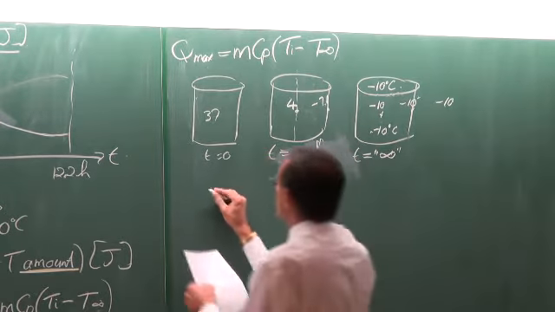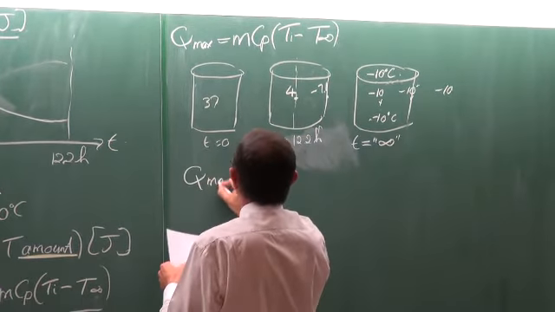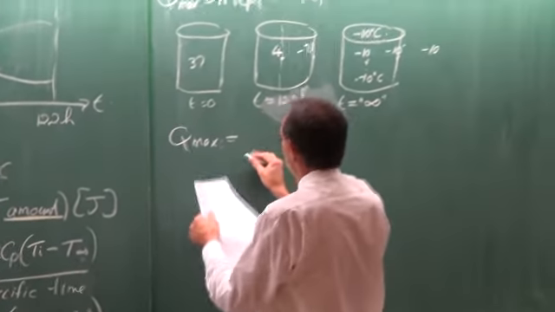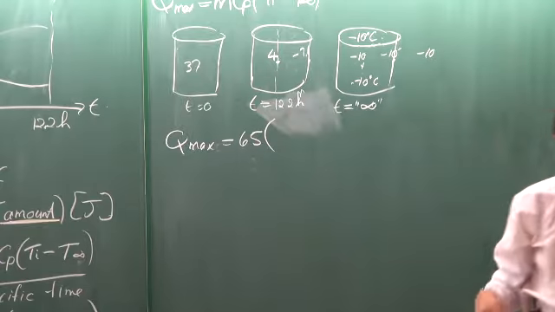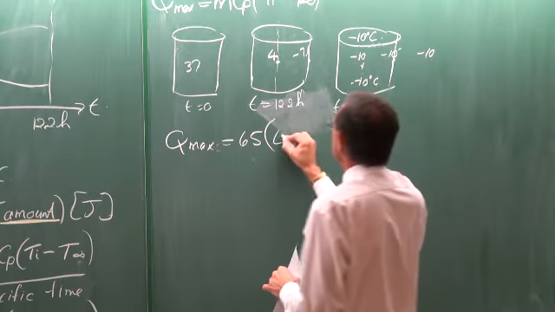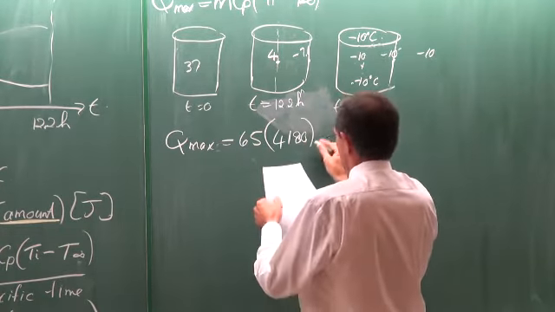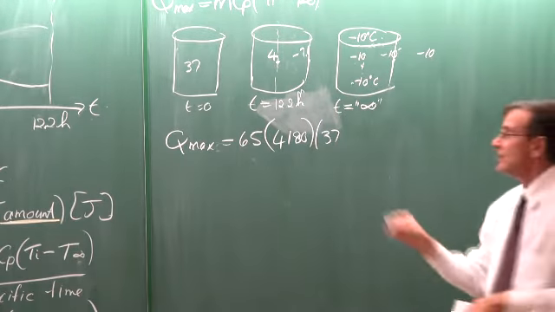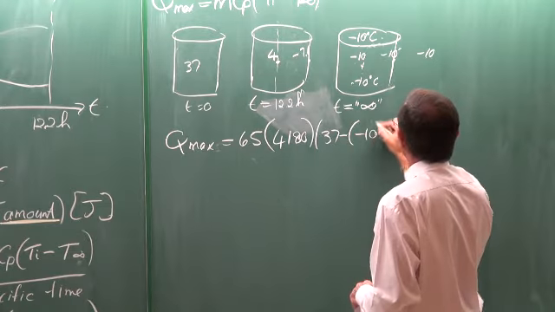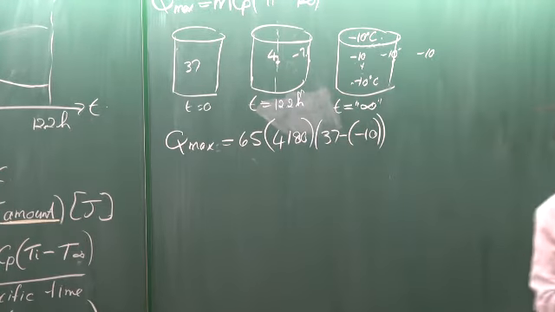Right. So in terms of that equation now, Qmax is equal to the mass, which is 65, Cp, which is 4180, and the temperature initially at 37, which is now being cooled to minus 10. Okay.